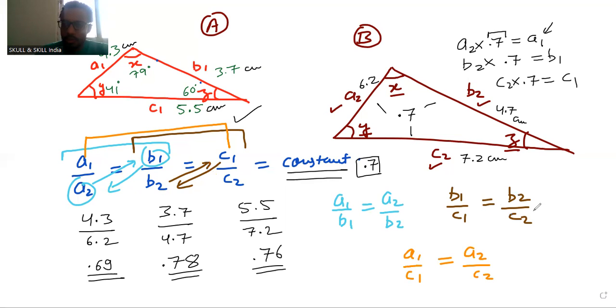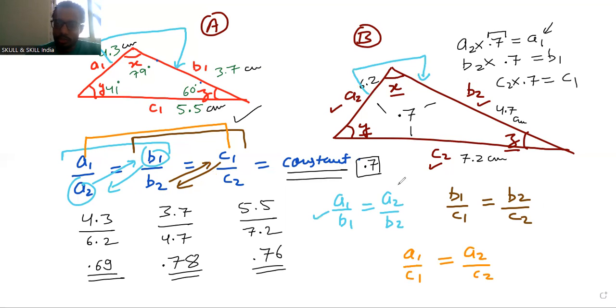Now look at what it is saying. Look at the blue one. The ratio of A1 to B1 is equal to the ratio of A2 to B2, right? And the ratio of B1 to C1 is equal to the ratio of B2 to C2, right?